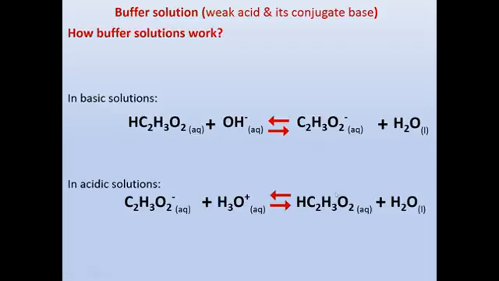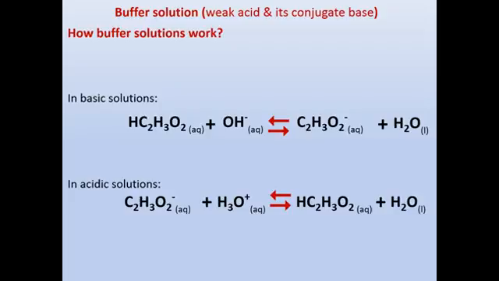The products are water, which is a neutral solution, and this acetate ion here, which is not going to affect the pH very much. If the buffer system wasn't present, this hydroxide ion would increase the pH, but because of the buffer system, it's reacting with that weak acid to produce the acetate ion, which is not going to affect the pH very much, and water, which is not going to affect the pH.